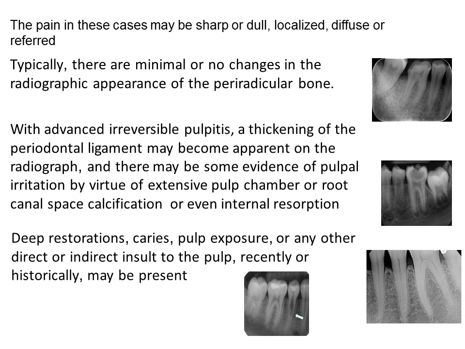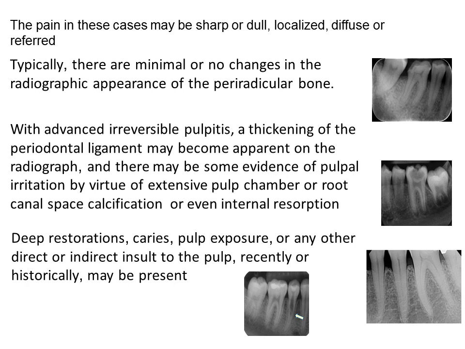With advanced irreversible pulpitis, thickening of the periodontal ligament may become apparent on radiograph, and there may be some evidence of pulpal irritation by virtue of extensive pulp chamber or root canal space calcification, you can see here, or even internal resorption.